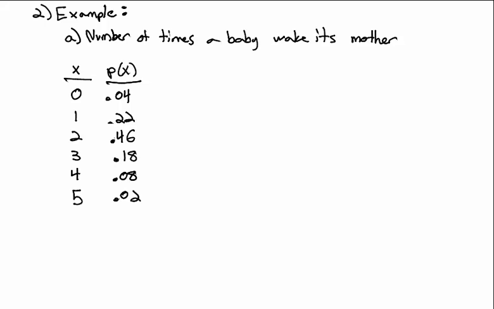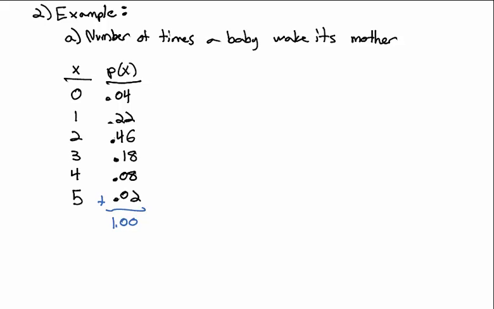One thing that's important about the probability distribution function is that if you add up all the possibilities, it does add up to 1. The probability that the kid is going to wake him up between 0 and 5 times is 1. It's going to happen, one of those values.